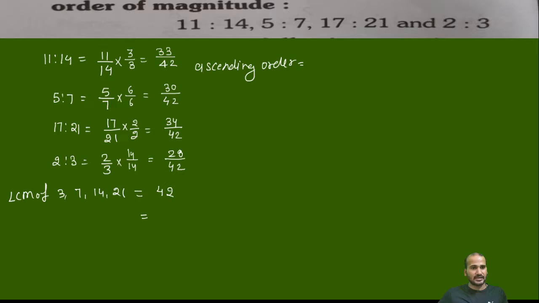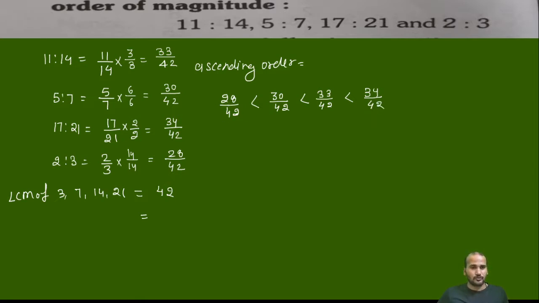If you see, 28 is smaller, so 28 by 42. After that, which number is greater than 28? This is 30, so 30 by 42. After that is 33 upon 42. The last one is 34 upon 42.